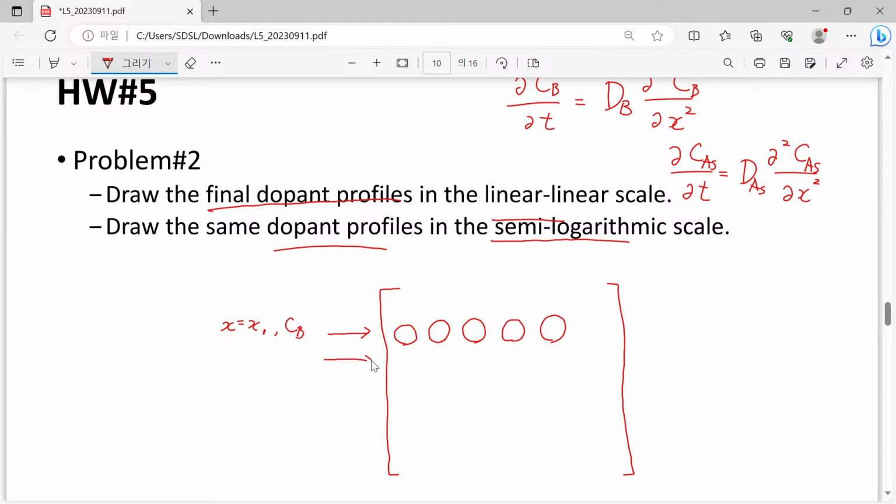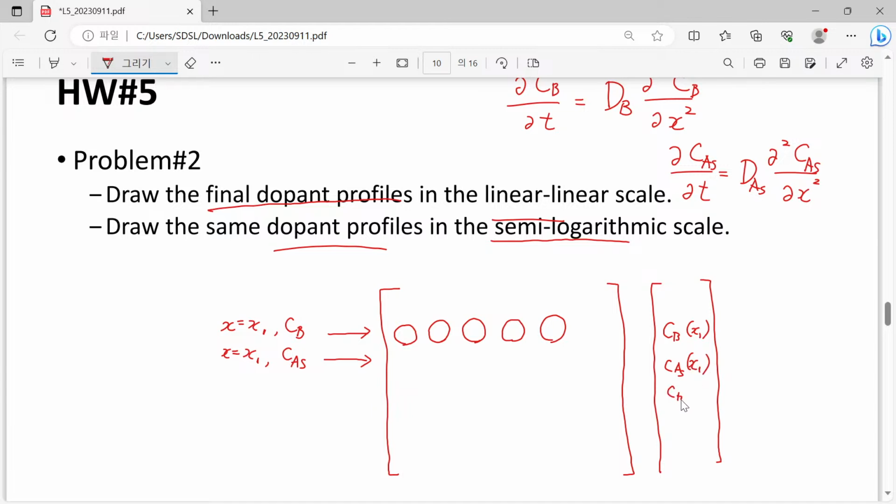And you have another line where the position is still x1, but you have to consider the arsenic equation. Are you with me? Since your solution variable also has such an arrangement, like Cb at x1, C arsenic at x1.